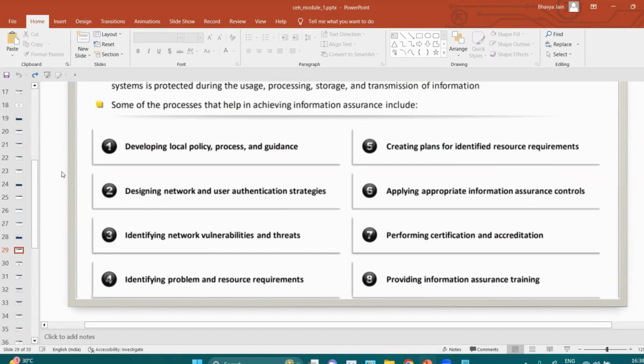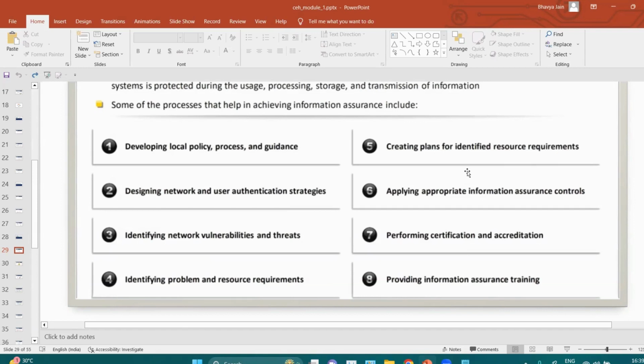Do we need any additional softwares? Do we need any additional team? Then we have to create the plans for identifying the resources requirement. If we need any additional softwares, any additional devices, any additional members, any additional firewalls, then we can create a plan of hiring someone or purchasing some plans or softwares.